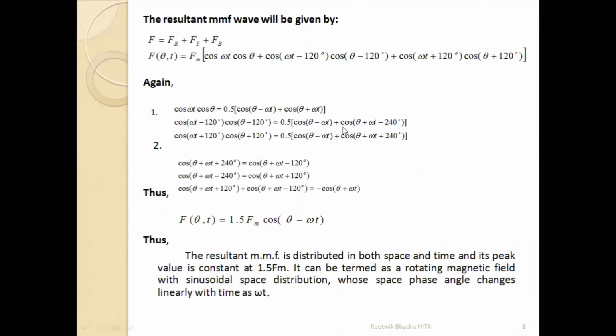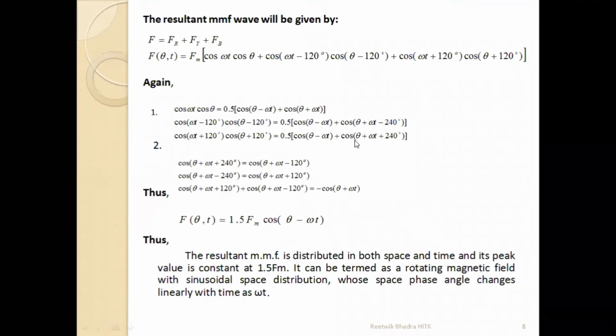Next, we broke up this one, cos(theta plus omega t minus 240). Using your cosine conversions, cos(theta plus omega t plus 240) can be written as cos(theta plus omega t minus 120 degrees), and cos(theta plus omega t minus 240) can be written as cos(theta plus omega t plus 120 degrees). Then when you add cos A plus cos B, it yields minus cos(theta plus omega t).